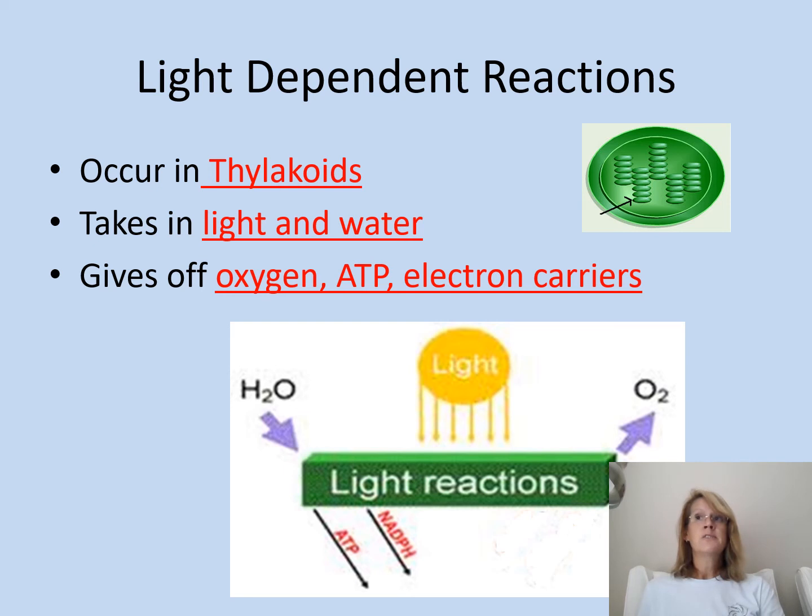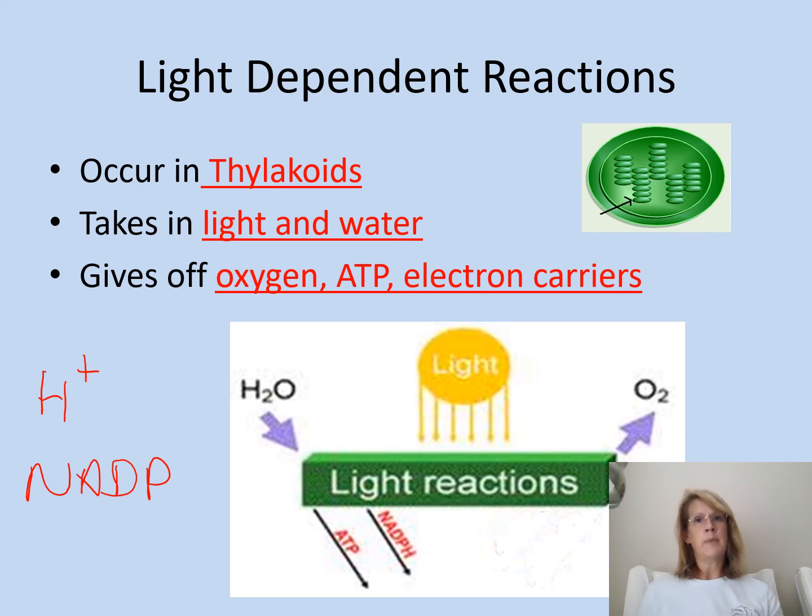Electron carriers, think of it as hydrogen. Okay? When hydrogen comes apart and hydrogen's by itself, it's called H+. And hydrogen now is an ion. And ions cannot move around by themselves. So plant cells have little baskets. These little baskets are called NADP.